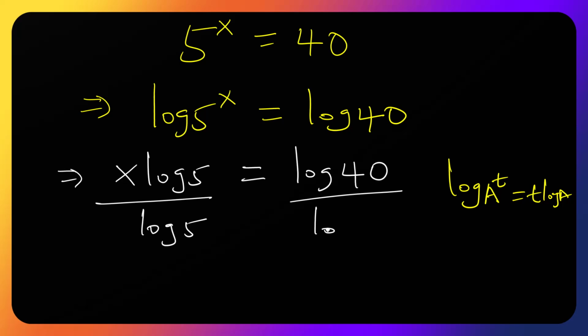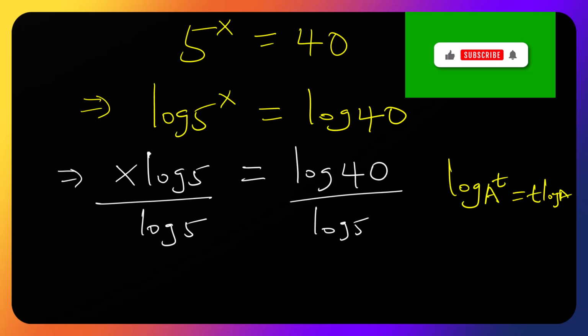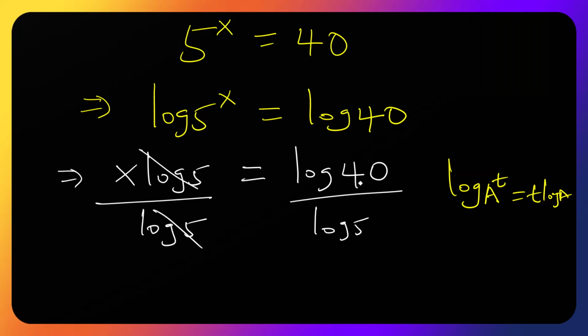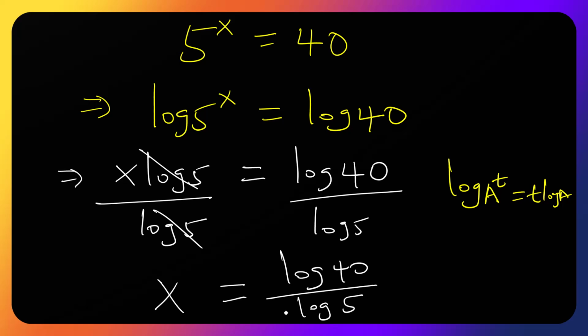So this side, this one will cancel, and we have log 40 on log 5. So we can still simplify further. Okay, so x equals log 40 on log 5.